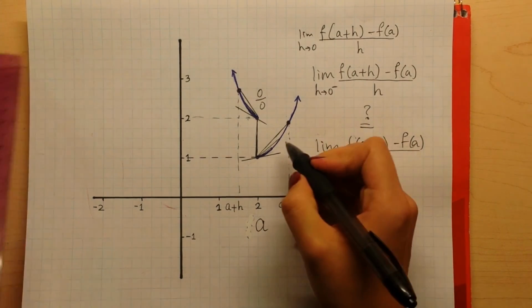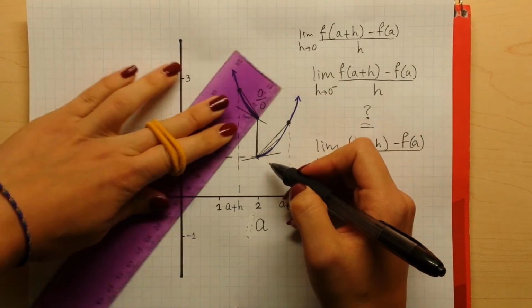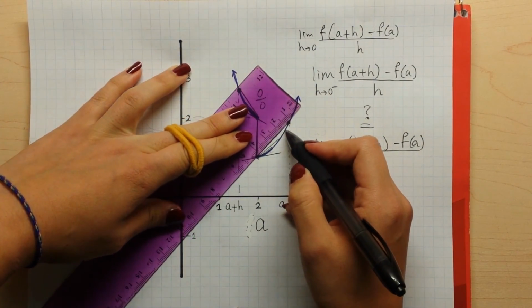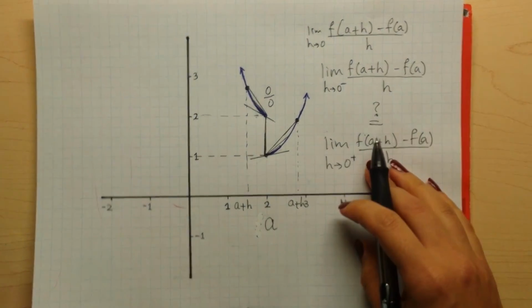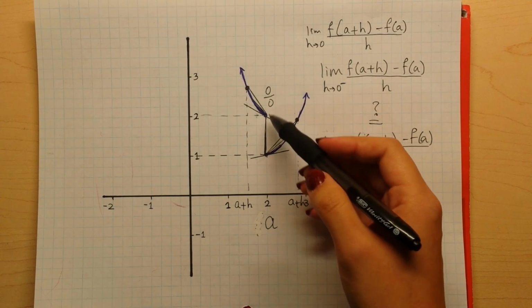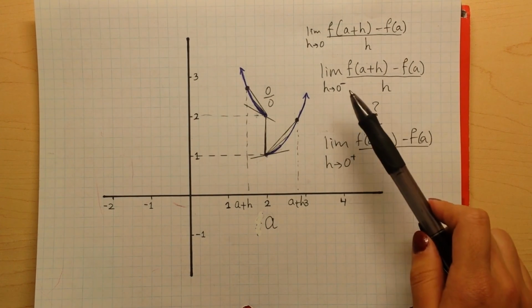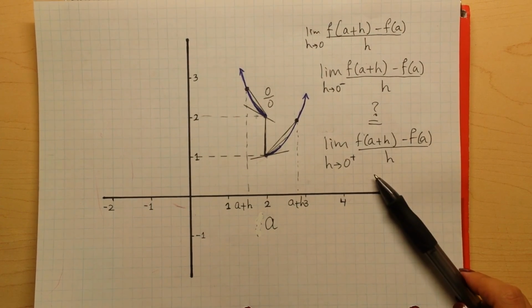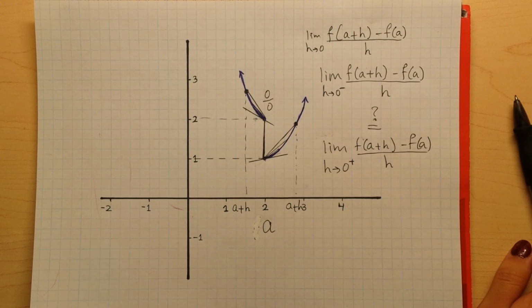So even if my secants were going to approach this tangent line, it's not even possible to approach that 0 over 0. So at A, we can see in this example that even though a left-sided limit exists and a right-sided limit exists, the instantaneous rate of change formula fails and does not work. So there is no tangent at this point.